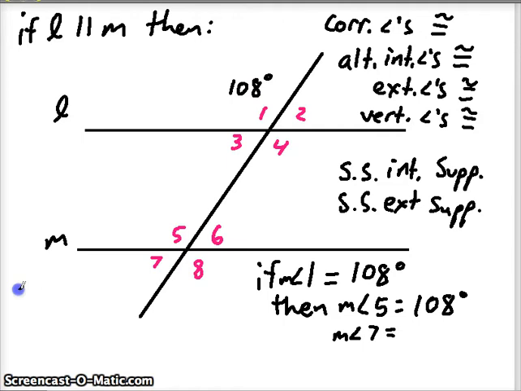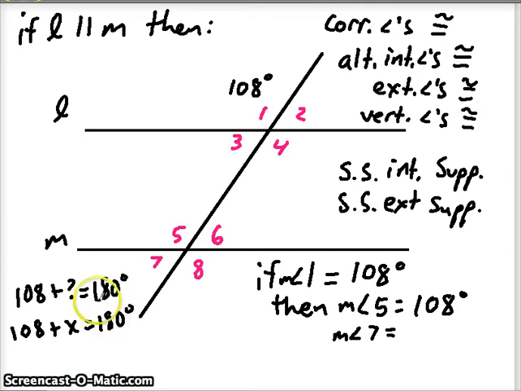We could think about it, 108 plus what gives me 180 degrees? Or we could think about it algebraically. So 108 plus x equals 180 degrees, and solve for that missing variable. Subtract 108 from both sides, and you get x equals 180 minus 108. That would be 72 degrees. So 7 is going to be 72 degrees.